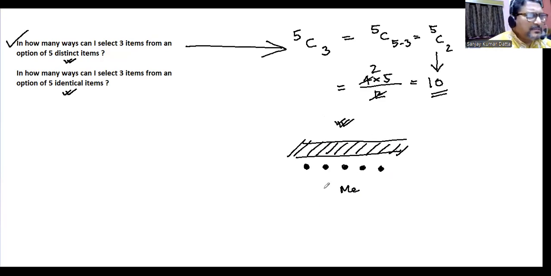Now you ask me, sir, give me 2 balls. Well, I chose these 2 balls for you and showed them to you. What are you going to see? 2 identical black balls. Suppose you asked, oh sir, show me 2 other balls. I showed you these 2.